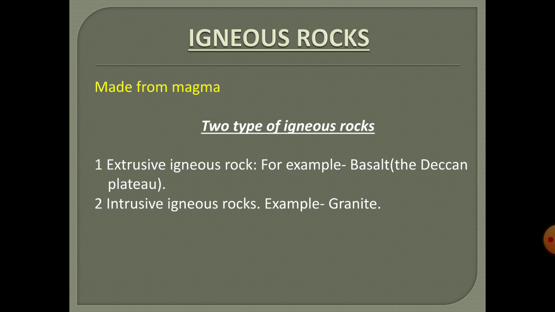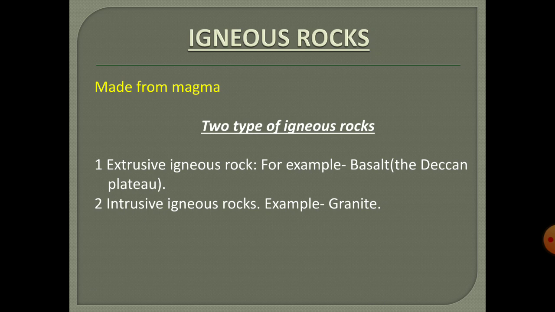Rocks formed in such a way on the crust are called extrusive igneous rocks. They have a very fine-grained structure. For example, basalt. The Deccan Plateau is made up of basalt rocks.